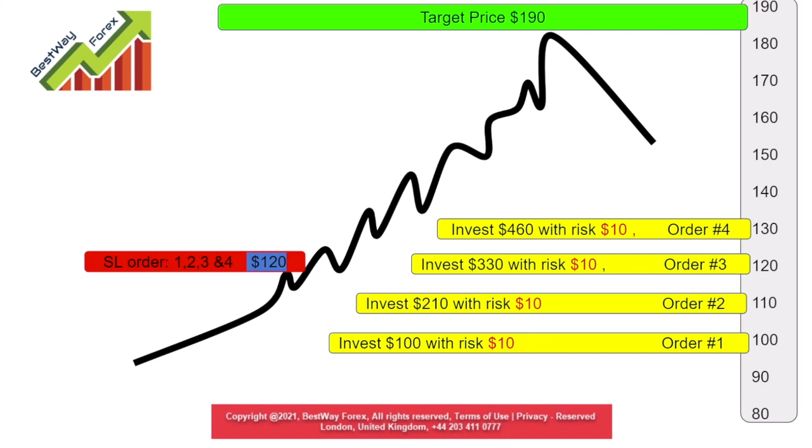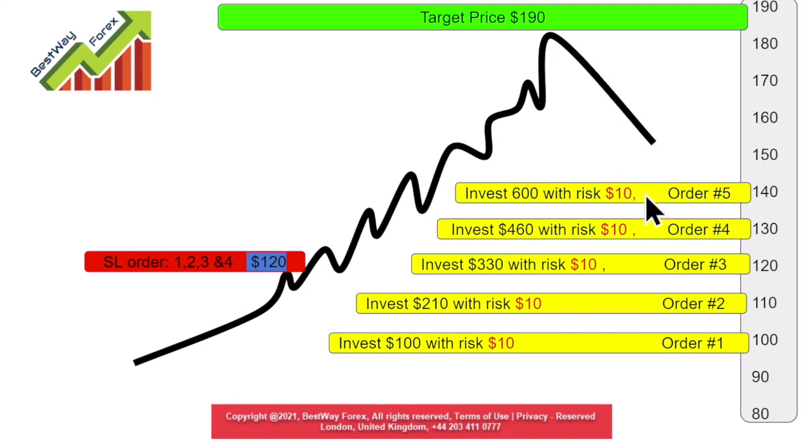When the price reaches 140, we place another order, and then it reached, we place order number 5. And once we do that, what will happen, we have now invested $600 with $10 risk again. Okay, so once we have placed that order, the target again is the same, because we said that we will place the target far away.